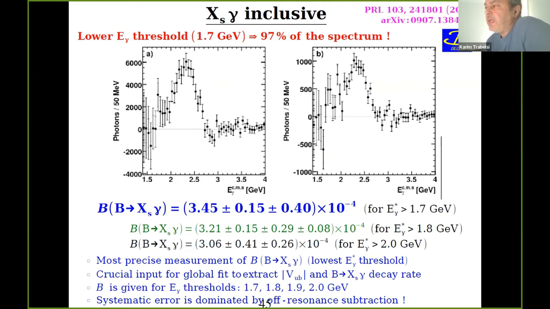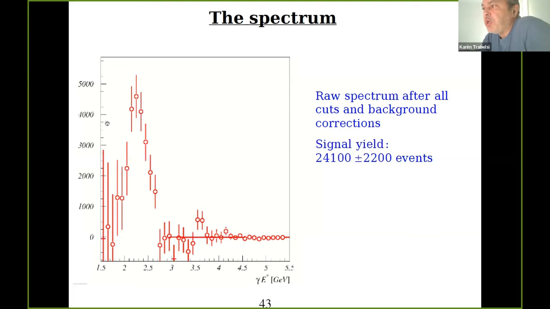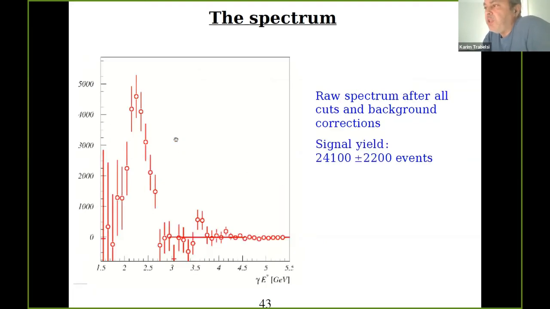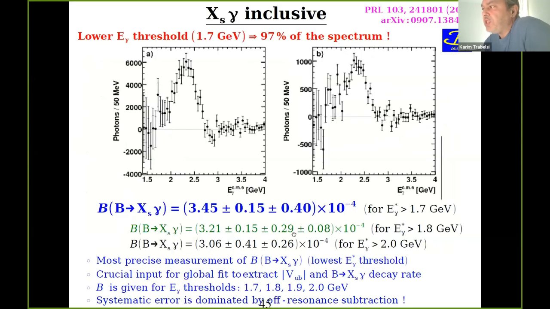So what we expect is, with more statistics, also larger off-resonance data, something I didn't mention, and a better control of this subtraction, which is the limitation of the method, you will be able to do the measurement at 1.6 GeV, but with a much smaller systematic.